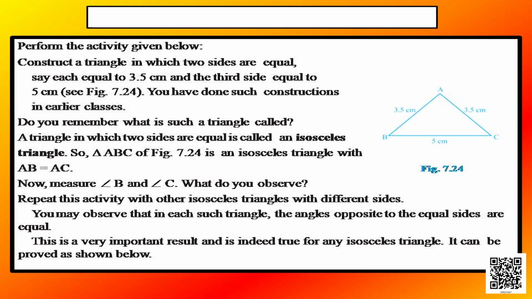This is a very important result and is indeed true for any isosceles triangle. So, let us prove it. This gives us theorem 7.2: angles opposite to equal sides of an isosceles triangle are equal.